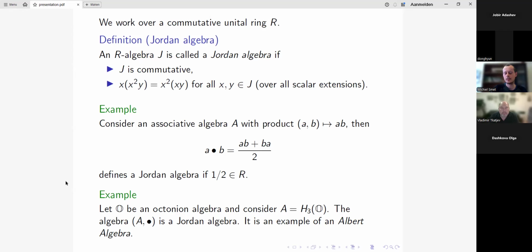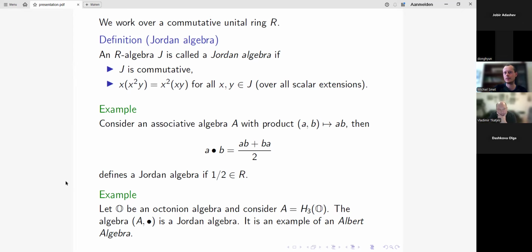And this example was maybe one of the original reasons to be interested in Jordan algebras. In the 30s, a German physicist called Jordan axiomatized these Jordan algebras because he thought that this might be an underlying structure for quantum mechanics.